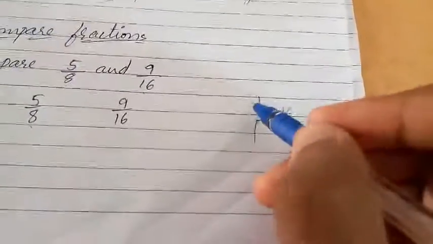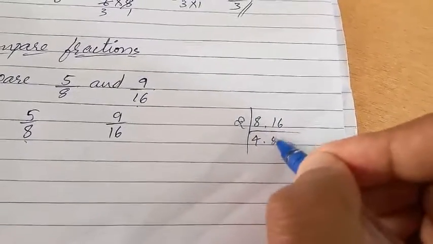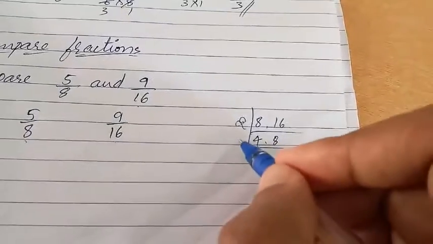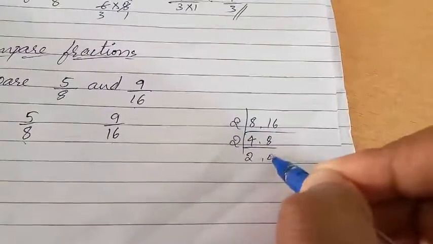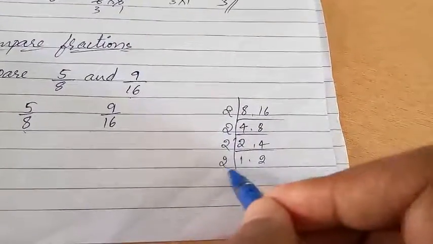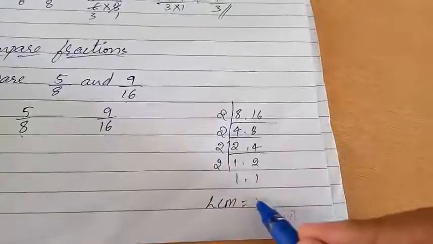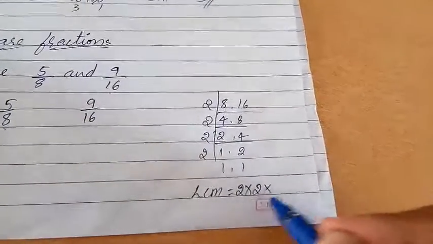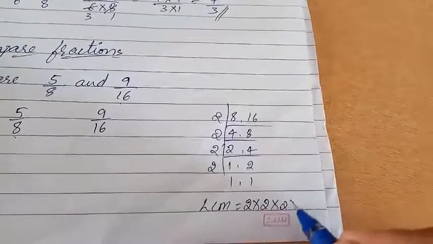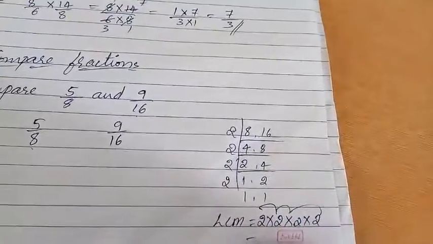Here 8 and 16 are both even numbers, divisible by 2. 2 fours are 8, 2 eights are 16. Next again 2: 2 twos are 4, 2 fours are 8. Again 2: 2 ones are 2, 2 twos are 4. Next again 2. So the LCM is the multiplication of 2 into 2 into 2 into 2. 2 twos are 4, 4 twos are 8, 8 twos are 16.